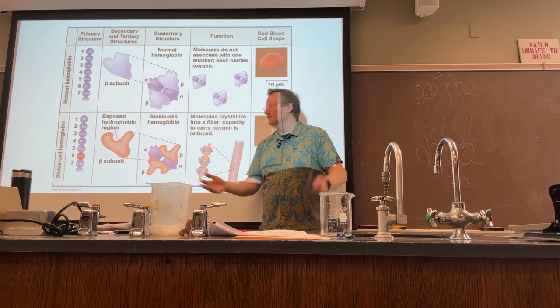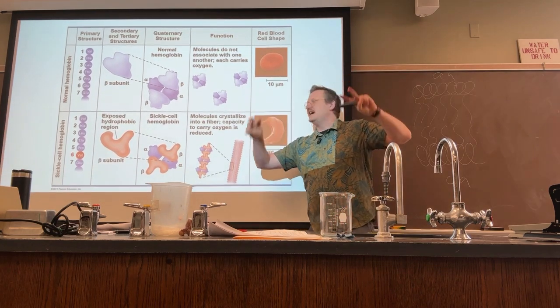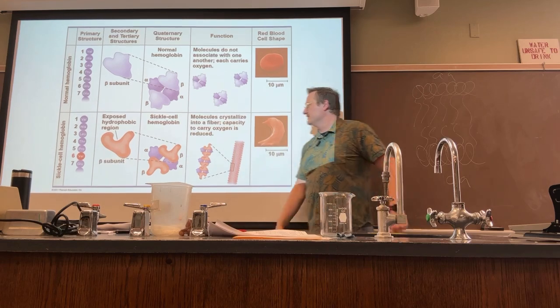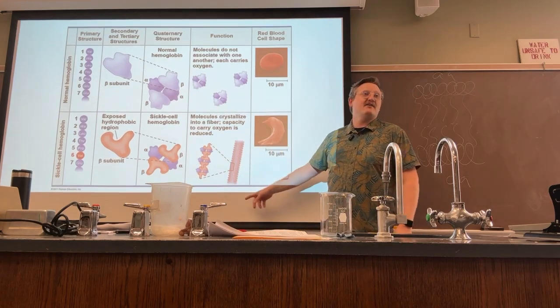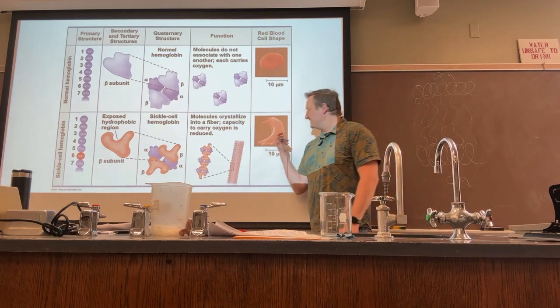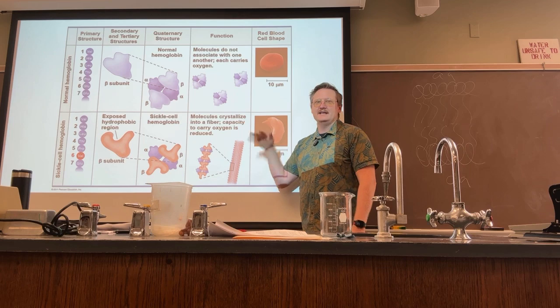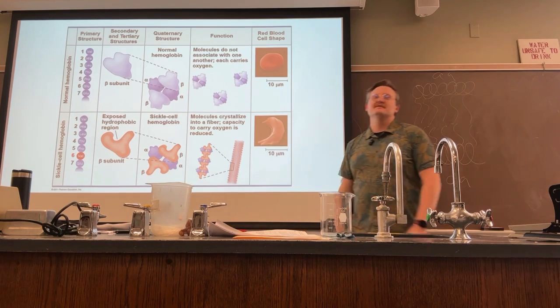Like dissolves like, you know? They form together into these chains. They sort of crystallize into fibers, as put right there. They're not as good at carrying oxygen, and they give the red blood cell a specific shape that looks like a sickle. All right? So here's a sickle cell right there.